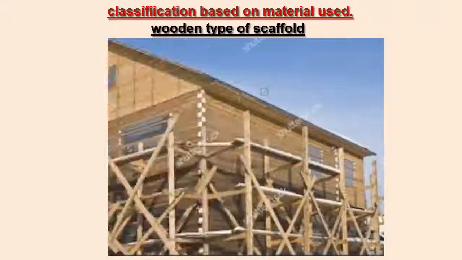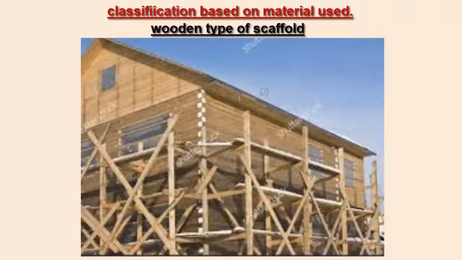This is a typical example of a wooden material for erection of a scaffold. You will begin to see why we are doing this: so that when you are on site as a building technology student, you should be able to select the suitable material for the erection of the scaffold. Now, what are the advantages of this wooden material?